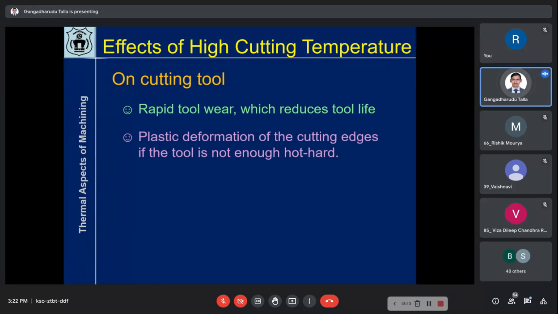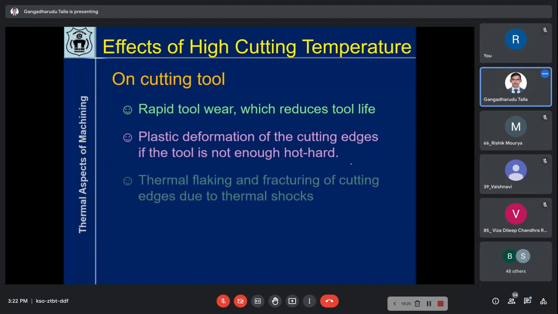Plastic deformation of the cutting edges, if the tool is not hard enough. If its hardness is less, it may deform also. Thermal flaking and fracturing of cutting edges due to thermal shocks.